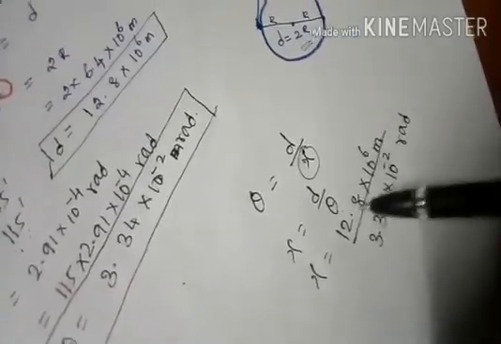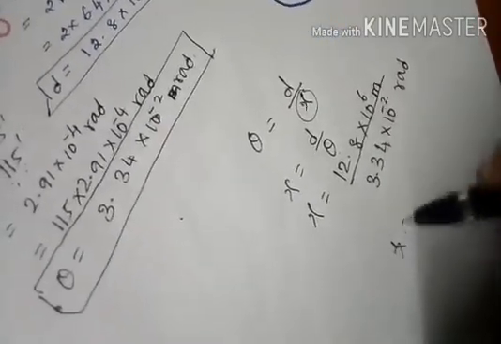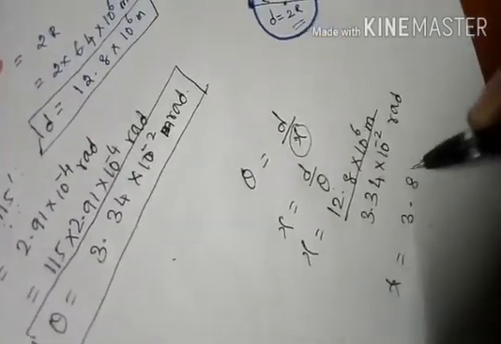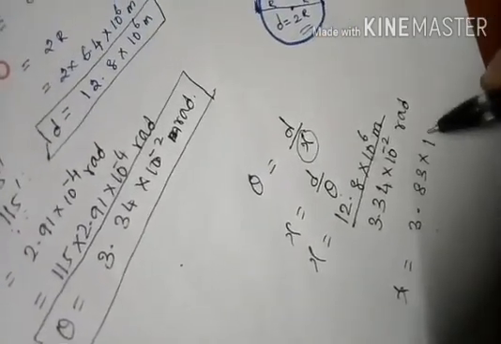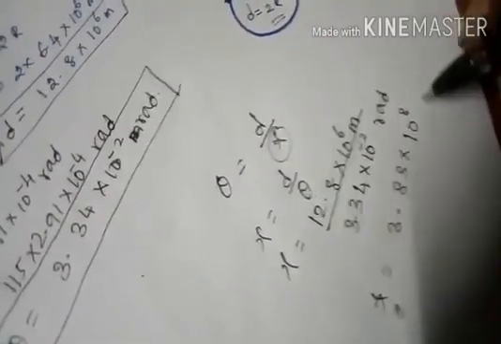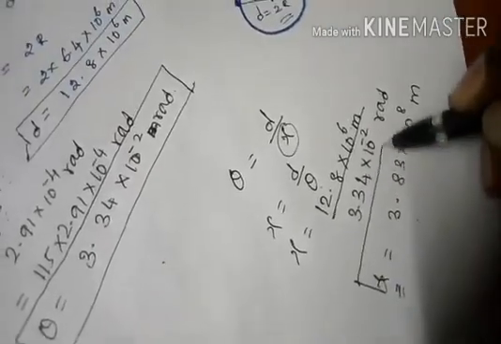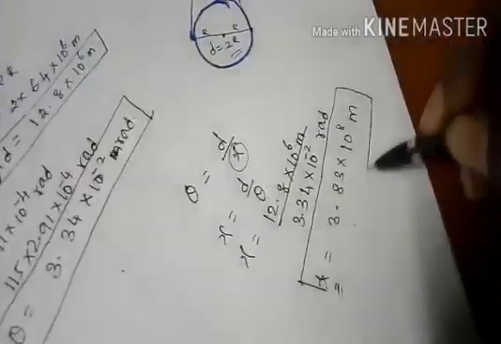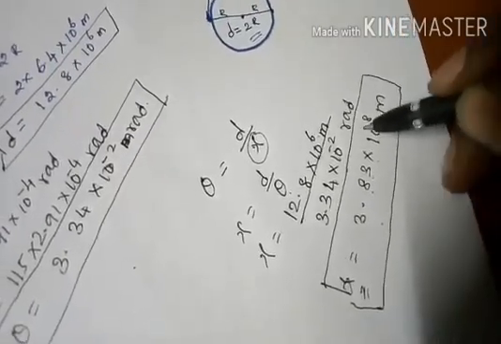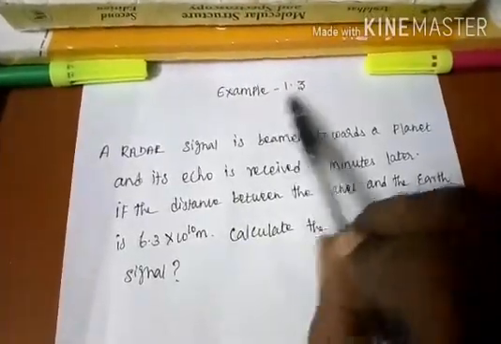If you multiply and divide these values, finally we will get the result as x equal to 3.83 into 10 power 8. This x is nothing but distance, the unit is meter. So the distance between the moon and earth is 3.83 into 10 power 8 meter. Thank you.